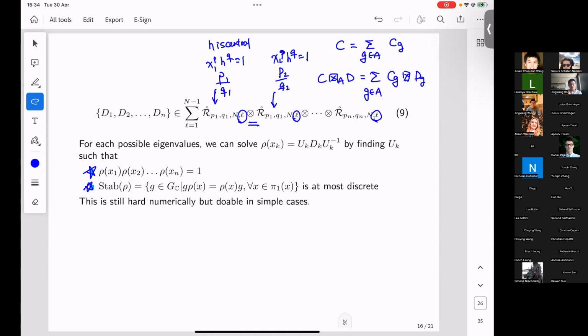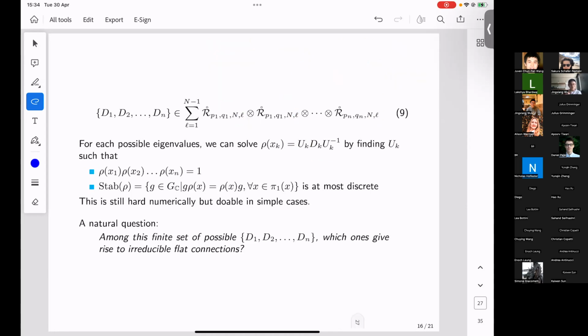Now you can put this into a computer. You can parameterize this matrix U, because we know what D is here already. We parameterize U, put it into a computer and try to solve this numerically. It's still very hard because the matrix can be very large and there are many fibers. But in simple cases, you can do it.